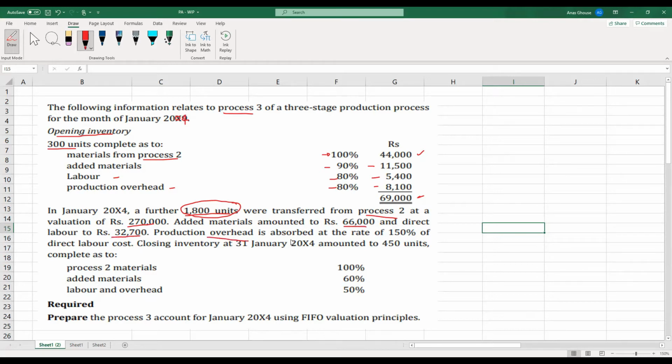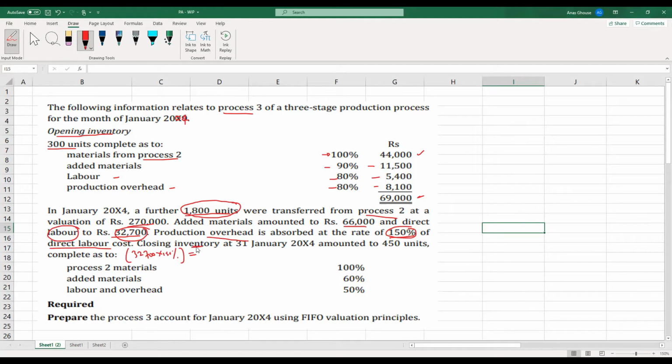Production overhead is absorbed at the rate of 150% of direct labor cost, which means it is absorbed at 150% of the labor cost. So when you calculate the overhead cost, you need to take the labor cost times 150%. That will be the overhead cost.